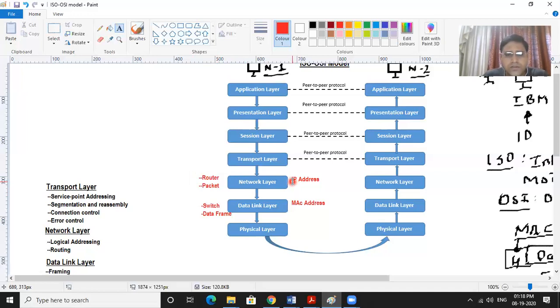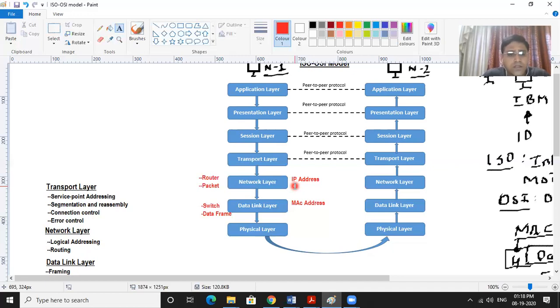Other protocols we use here are ARP, address resolution protocol, and reverse address resolution protocol. They convert the MAC address to the IP address of that node, or in reverse, the IP address to the MAC address. There are so many protocols, but I'm not going in depth.